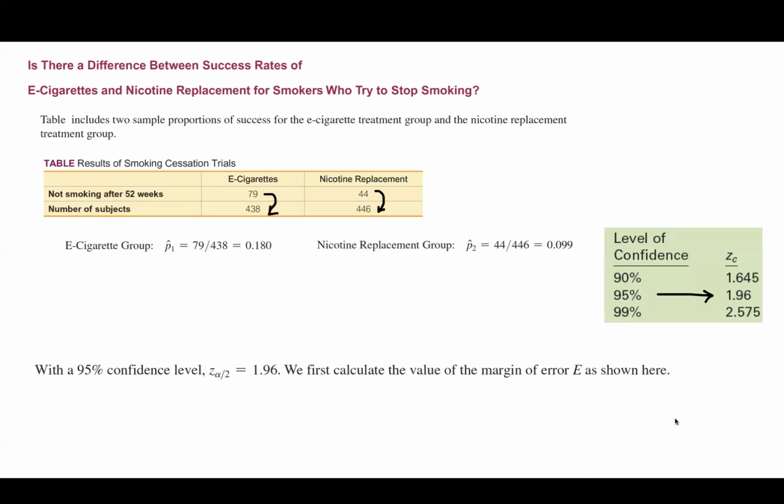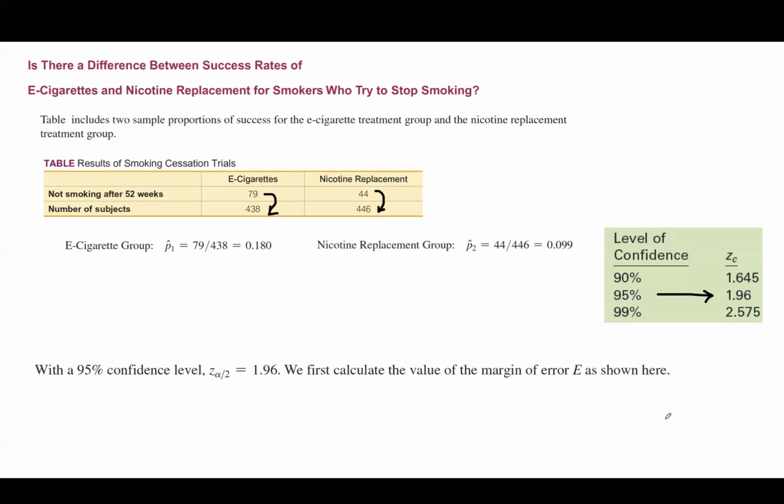We can use this to find the margin of error, which is the critical value times the square root of P1 hat Q1 hat over N1 plus P2 hat Q2 hat over N2.